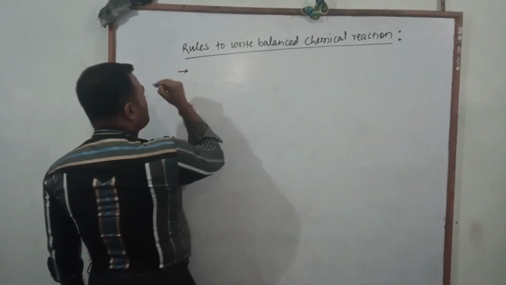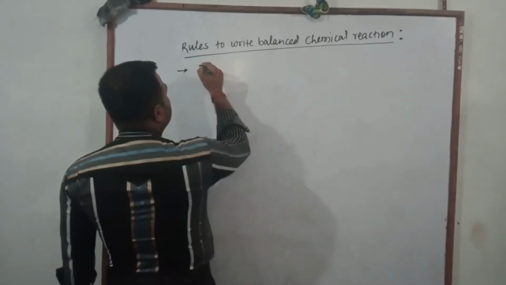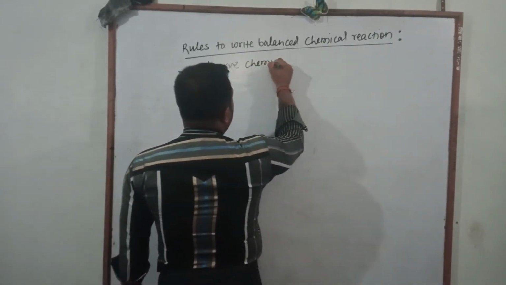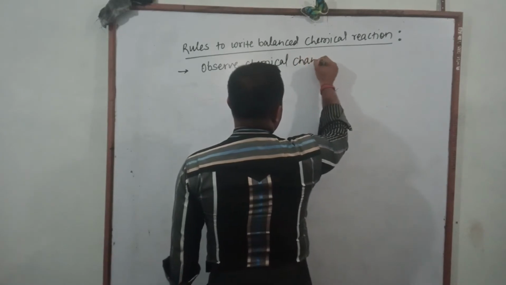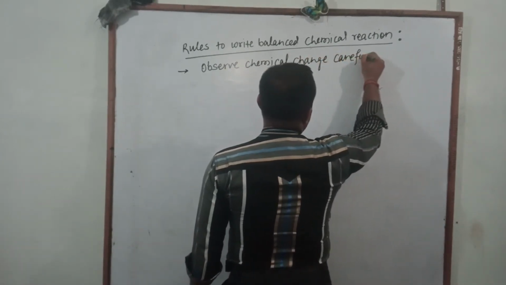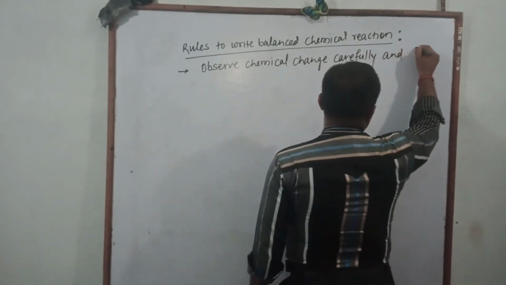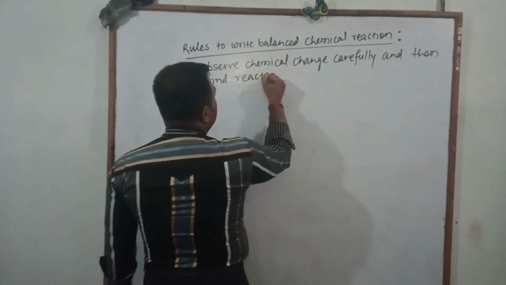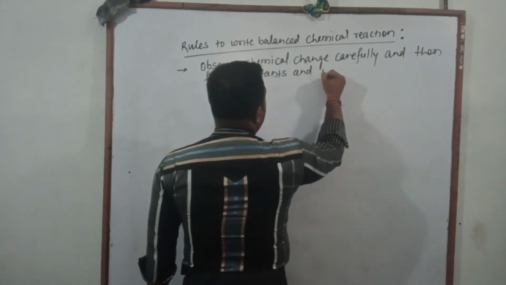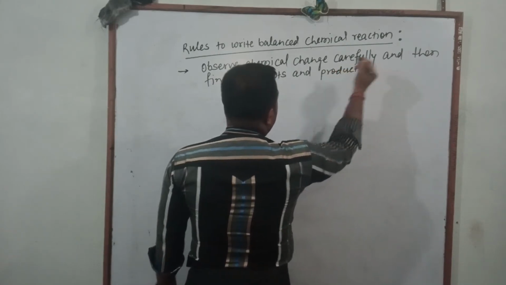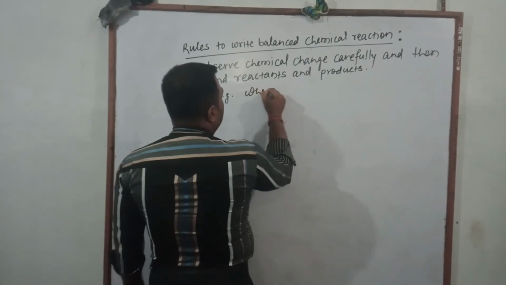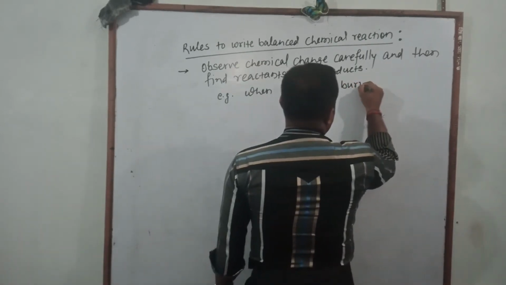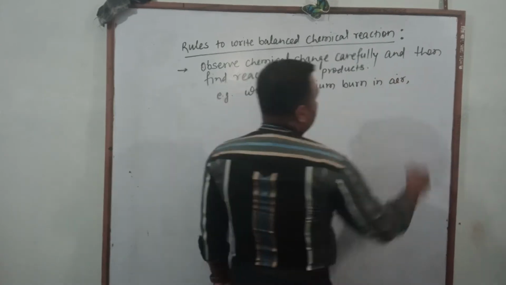At first, we should know about the chemical change, so observe the chemical reaction or chemical change carefully, and then find the reactants and products. As an example, when magnesium burns in air, it is an example of a chemical change.